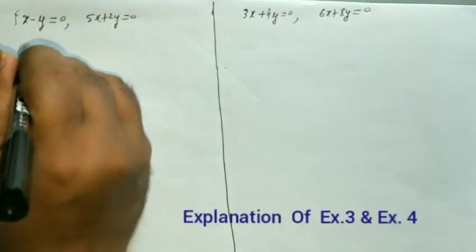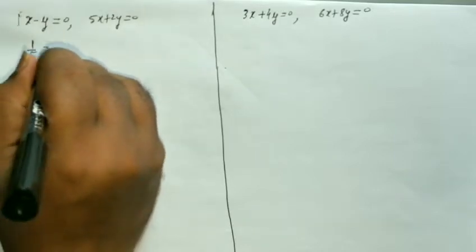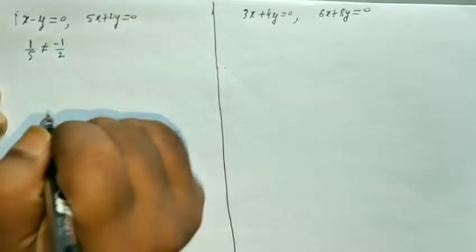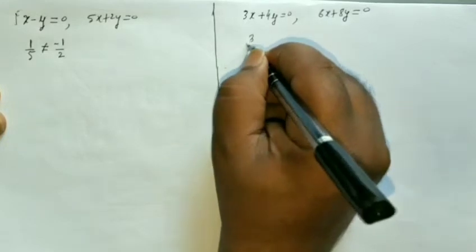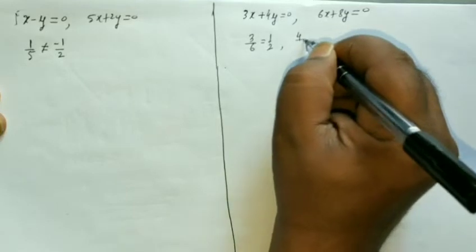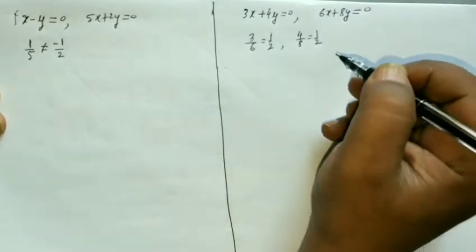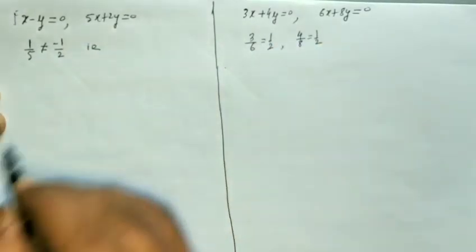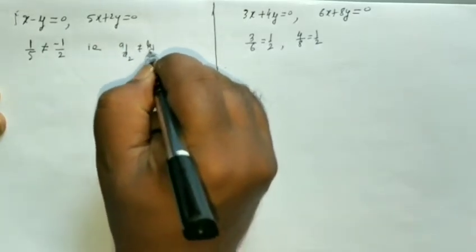Here you will find the ratio between the coefficients of x is 1 by 5, which is not equal to the ratio between the coefficients of y. Whereas here you will find the ratio between the coefficients of x is the same as the ratio between the coefficients of y. Now, this is the case when a1 by a2 is not equal to b1 by b2.